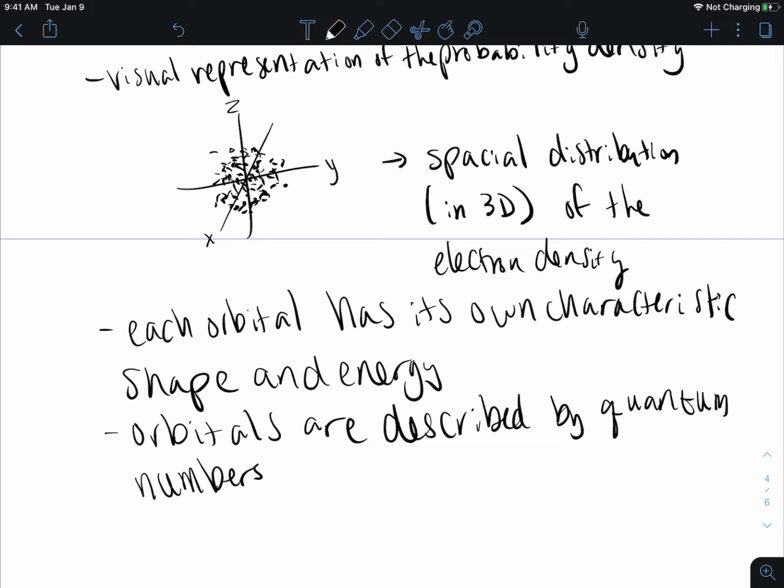And these quantum numbers come from solving the Schrodinger equations. Also, each orbital has a unique set of 3 quantum numbers.